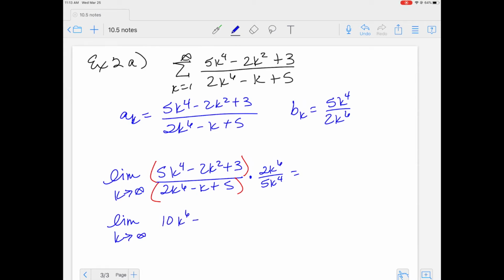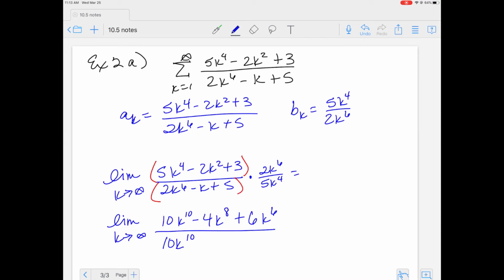10k to the 6th minus 4k to the 8th plus a 6k to the 6th. Just distributing, right? If I take this and multiply it by each term, I'm going to take this one and multiply it by each term. 10k to the 10th, which is why I'm cuckoo-ca-choo. You guys are probably hollering at me. Good job hollering at me.